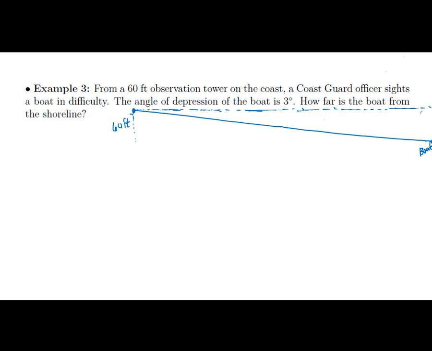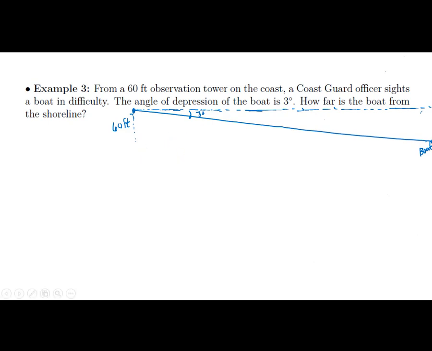So if I look straight out and then all of a sudden I lower my gaze by just 3 degrees, then I'm going to see the boat. So here's 3 degrees right here. And so the question is, how far is the boat from the shoreline?